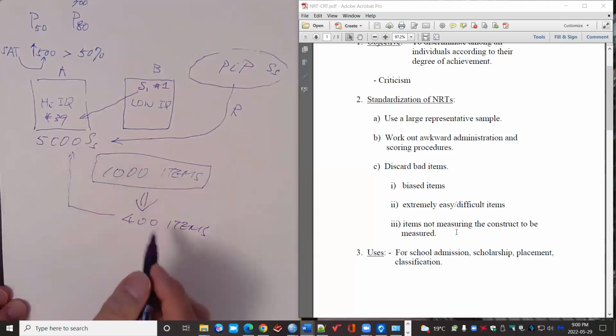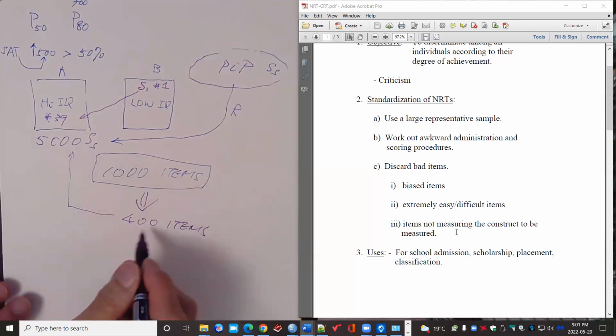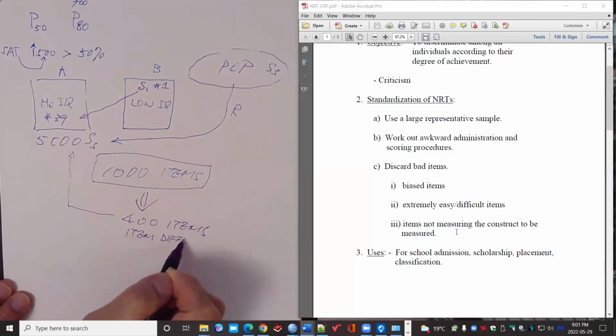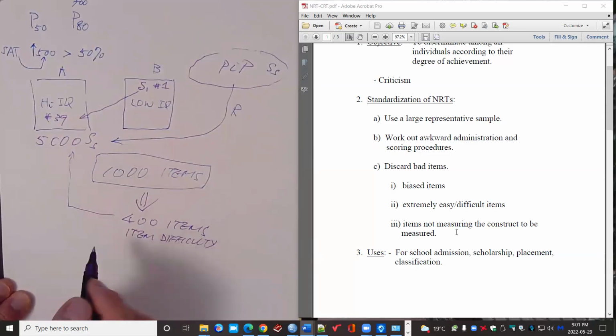So that we obtain, say, item difficulty. Let's say there are more parameters. Then we have an idea how difficult the test formed by these 400 test items is.